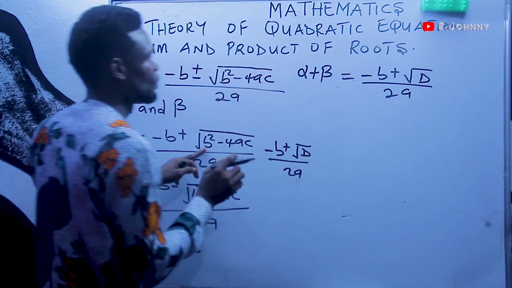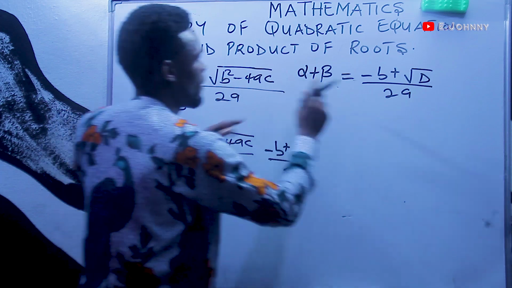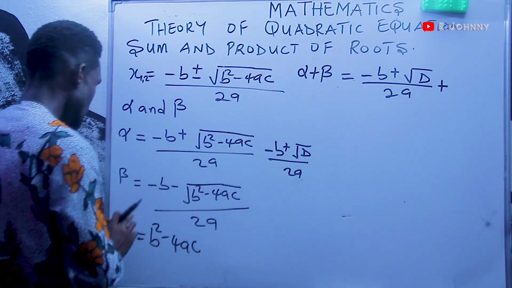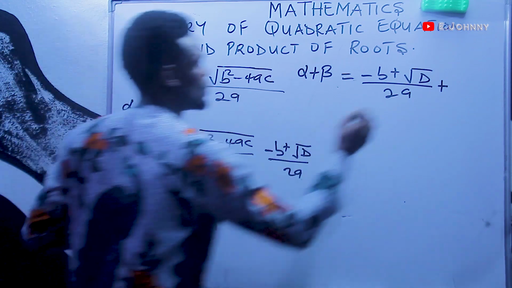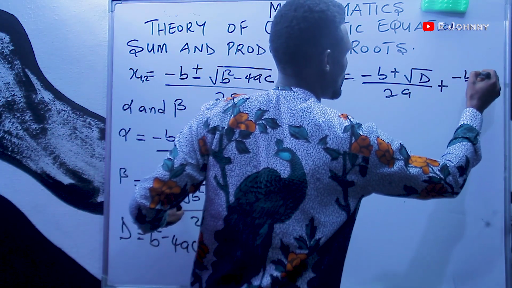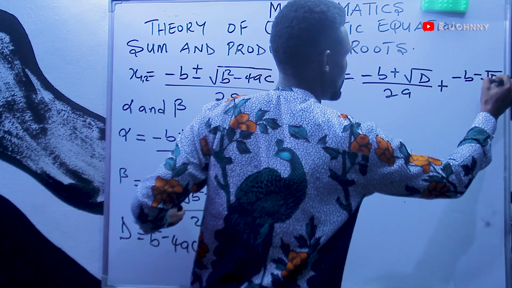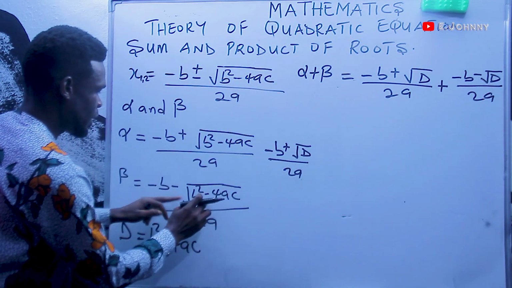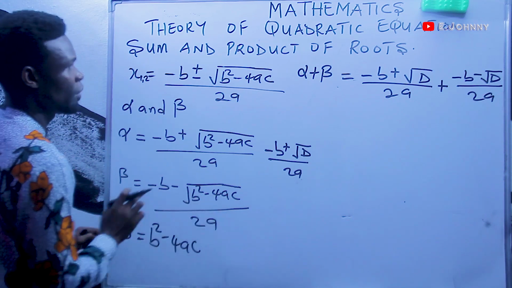Okay, that is alpha plus what is beta? Beta is minus b minus root D over 2a. That is representing this by D now, so I substitute D here.